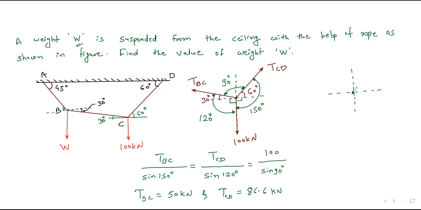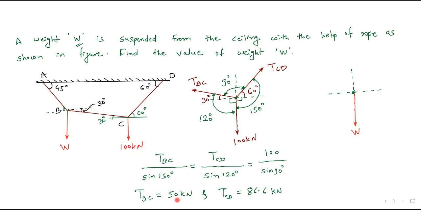Here it is point B. At point B, this is the downward load W that I will show first. Here it is W, that we need to find out. The next thing is BC.